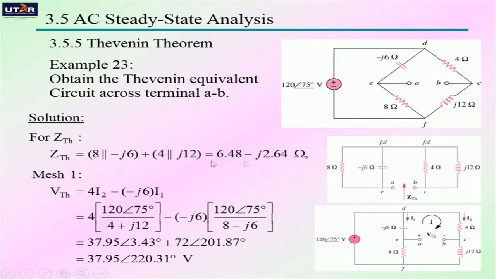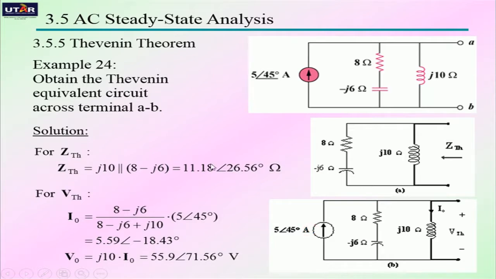Thevenin's impedance is found to be 6.48 minus j2.64 ohm. Thevenin's voltage is 37.95 magnitude, 220.31 degree volt. Here is another example of a Thevenin circuit. Again, we have to find Thevenin's impedance and Thevenin's voltage, and the answer is found here.